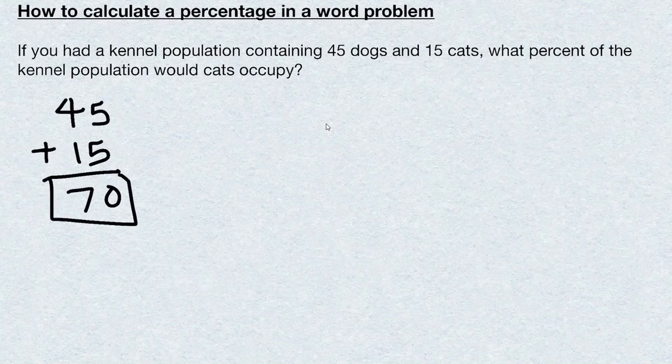So now how am I going to figure out what percentage those cats are? I'm going to go back to the word problem and find the information that I need. They told me that there are 15 cats within this population.